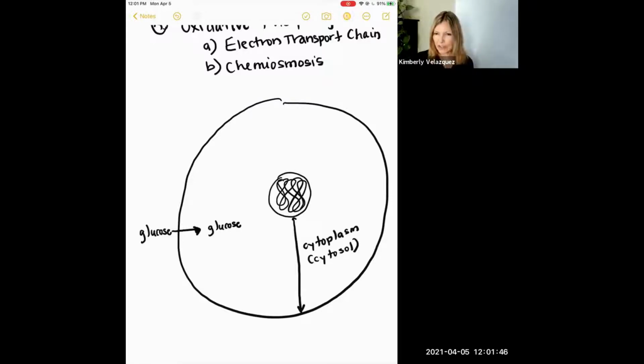So if you read a textbook about cell respiration, some textbooks will say that this first stage takes place in the cytoplasm. Some will say cytosol. I just want you to realize those are really saying the same thing. It's in the same region of the cell. So glucose enters the cell, and then it's going to immediately go into the first stage of cell respiration, which is called glycolysis. Glycolysis, that means sugar splitting.